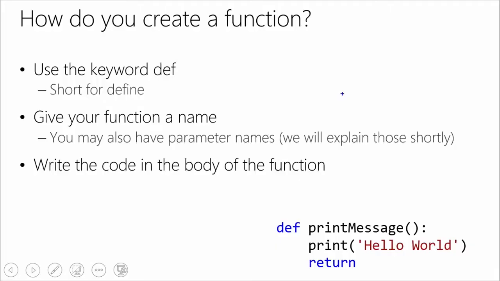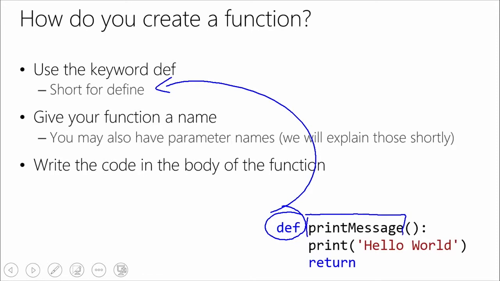All right. Well then, how do we create a function? So, the first part that we're going to need is the keyword def, which is short for define. Makes sense. Okay. The next part right here is going to be the name of the function. Now, the name of a function is extremely important because this is what you're going to keep using over and over and over again.